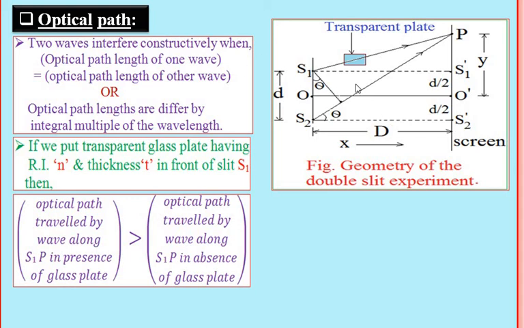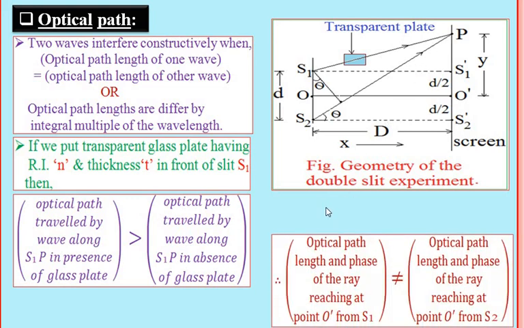Means if we put the glass plate, as a disturbance in the path of the ray, it takes more time to reach the destination point, that is point P on the screen.